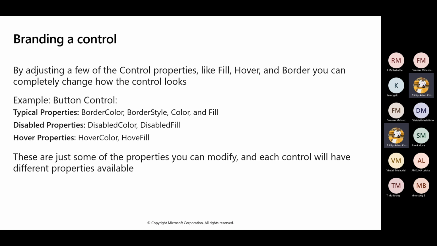Some of the properties a button control has: you would have a border radius, a fill, some text, font color, as well as font size and font weight.